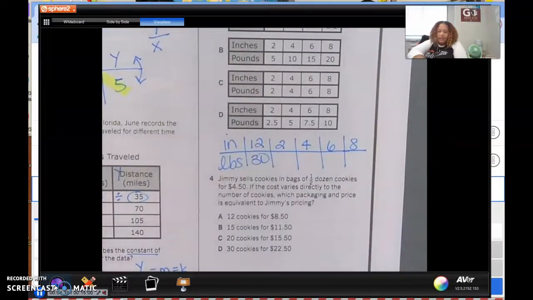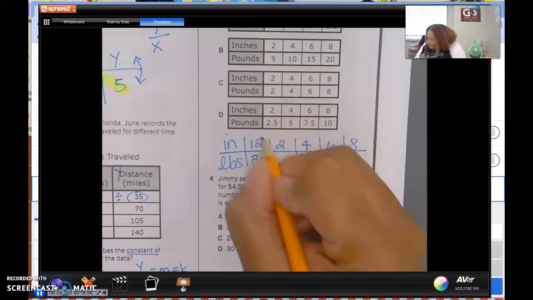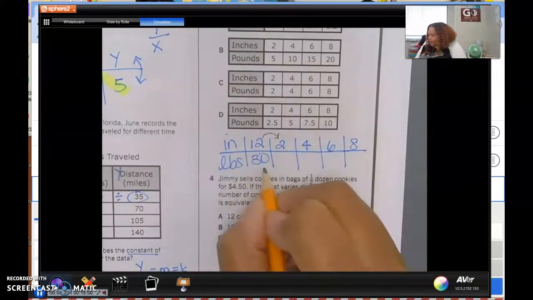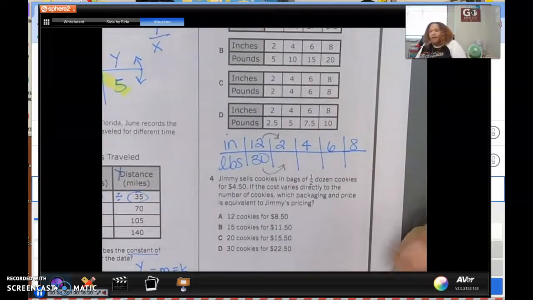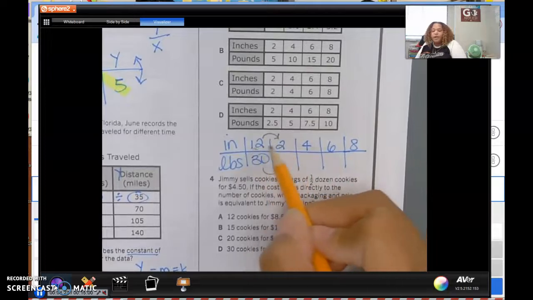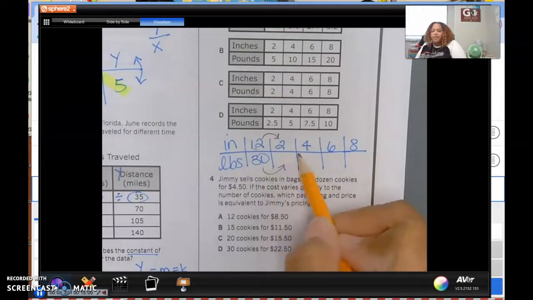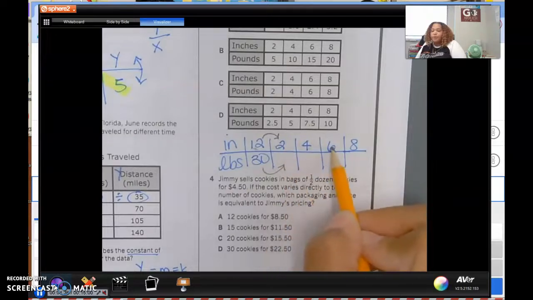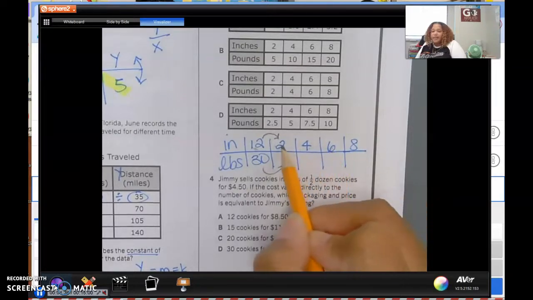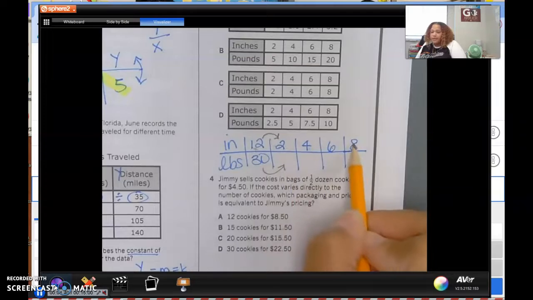How do you get from 12 to 2? How do you get from 30 to blank? Whatever the rule here is, you're going to apply that rule to down here, and then you'll double it to get to 4, and then you'll triple it to get to 6, and then you'll quadruple it to get to 8.